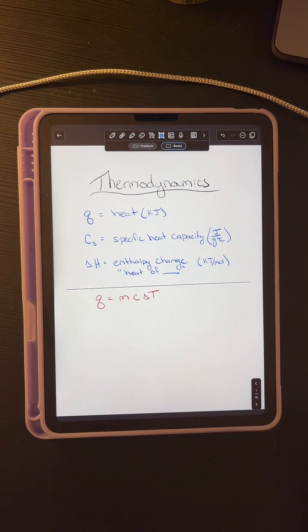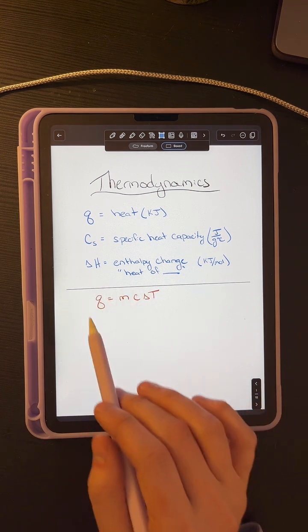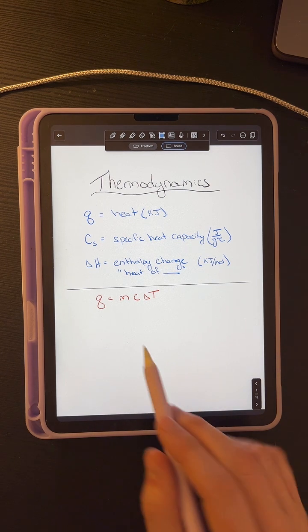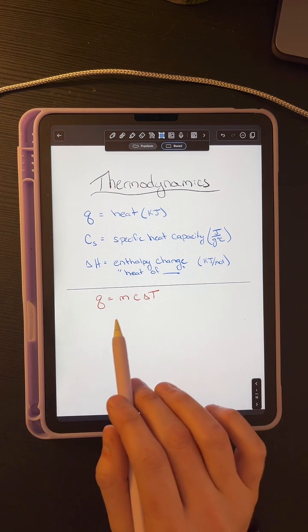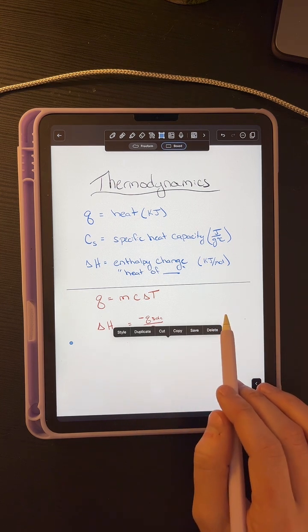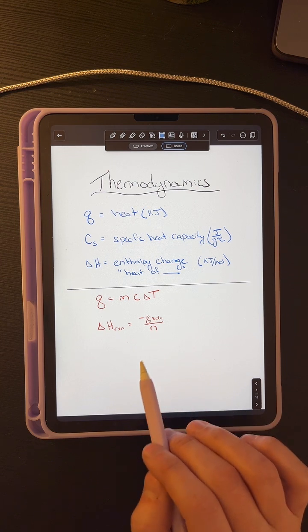We use this equation the most in Unit 6. So we have Q equals MC delta T. We also have the equation delta H of our reaction equals negative Q of solution over n.